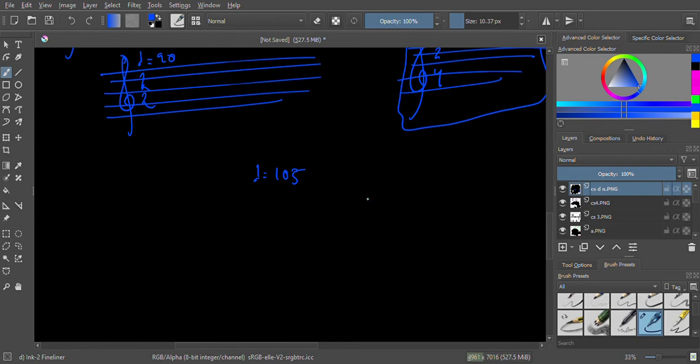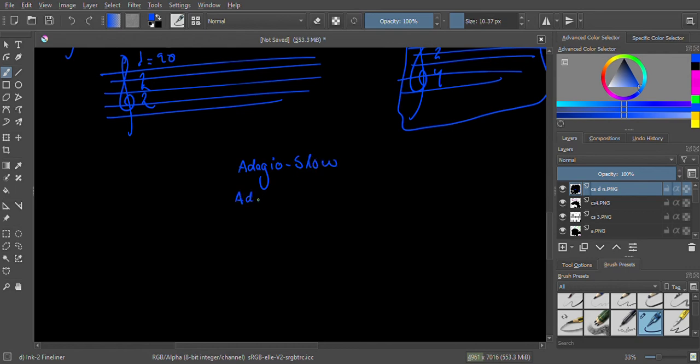So let's learn them. I'll only be teaching you the main ones, because those are really the only ones you need to learn. You can look this up on the internet and you'll get hundreds, but the main ones to know are: adagio, spelled like this, means played slowly or slow.